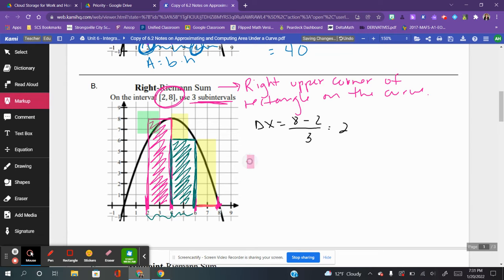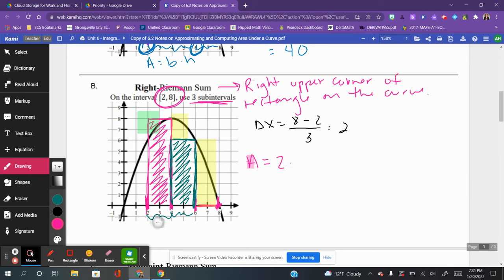And so if I want to find the area, that is equal to 2, the width of my base here, times the height. But this time the height is calculated by doing f of 4, because 4 is the right x value of that subinterval, plus 2 times, well, this time it's going to be an x value of 6, so f of 6, plus 2 times f of 8.